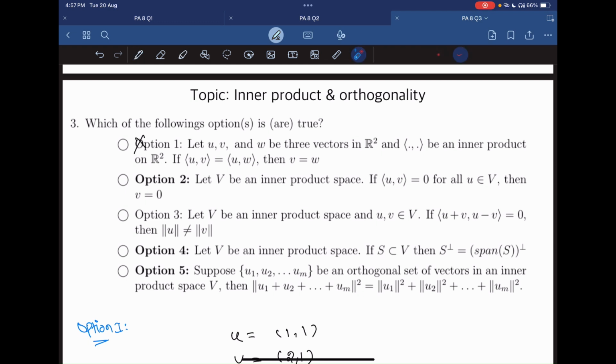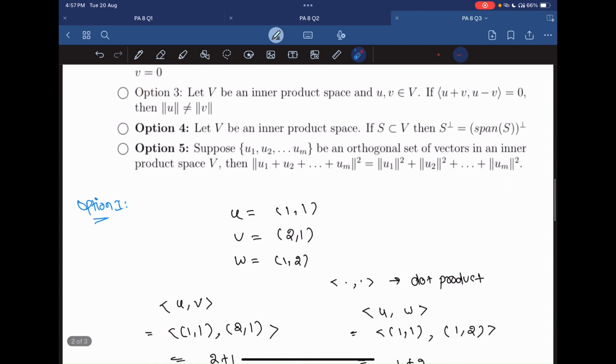Now let's look at the second option. Let V be an inner product space. If the inner product between U and V is equal to 0 for all U belonging to V, then V is equal to 0.